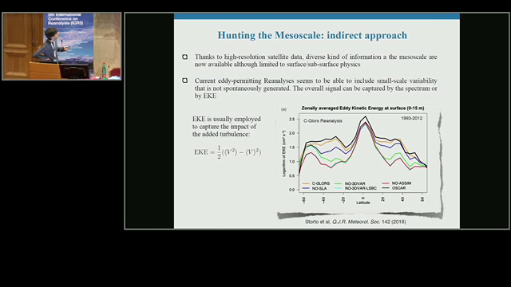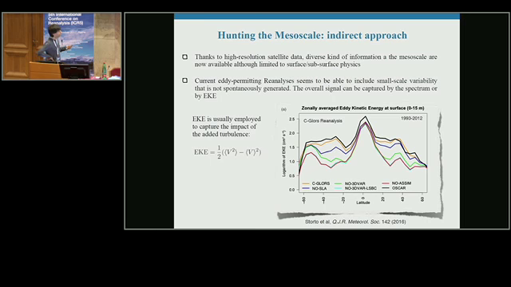If you compare the red line, that is the eddy kinetic energy coming from the free run, and the orange line, that is the one obtained with all the products assimilated, in this case sea level anomaly and in situ data, you can see that you have a big enhancement in the eddy kinetic energy, and you can actually reach the observation line, that is the black line coming from the OSCAR dataset.